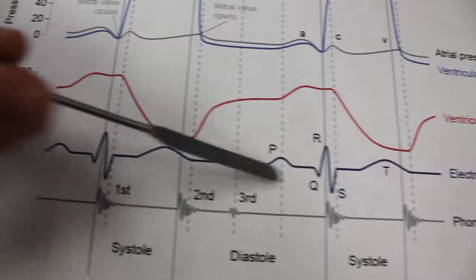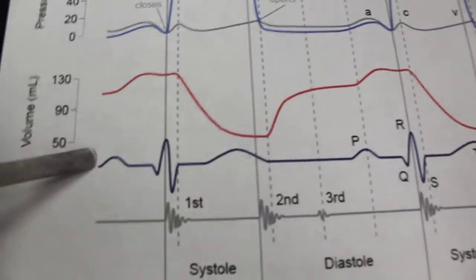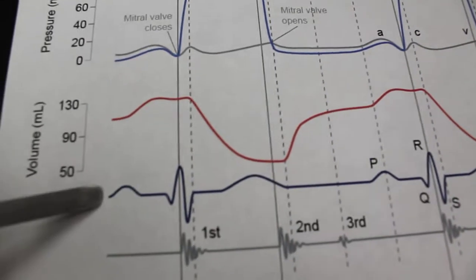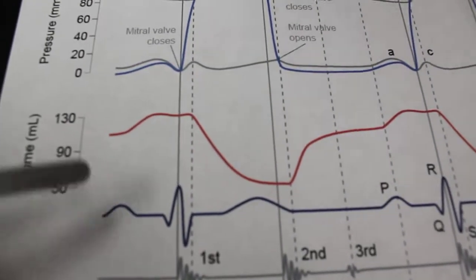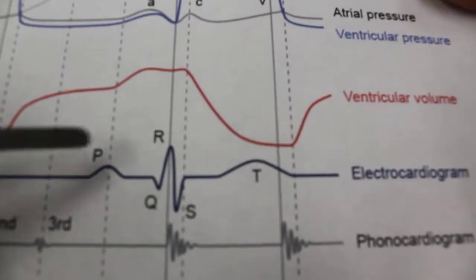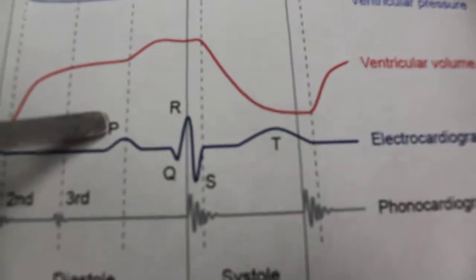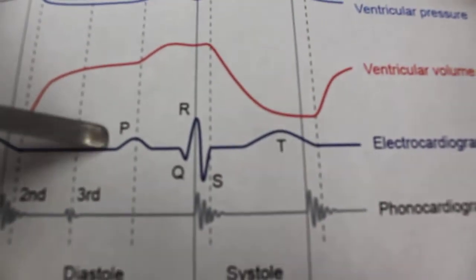Let's take a look at our electrocardiogram. Our electrocardiogram is the electrical conduction in the heart, which we'll talk about later. This is going to be our P wave. Our P wave is our atrial systole, our atrial contraction.